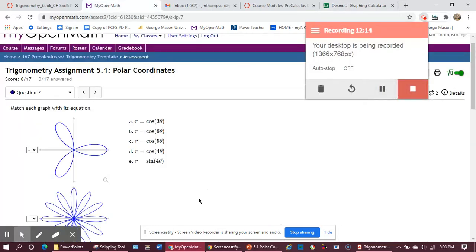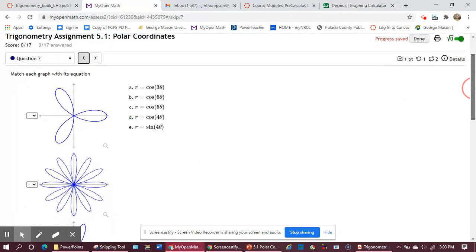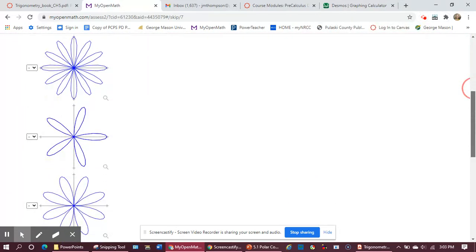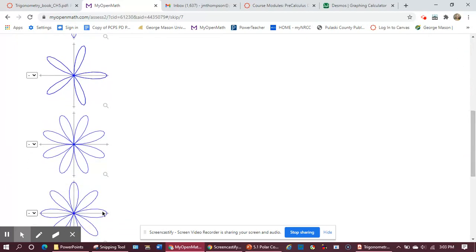So in your homework set, you're going to see some problems where you're going to have to identify these graphs, whether you've got a cosine or a sine rose and the number of petals. So you're going to want to base it on the information I just gave you in the video.